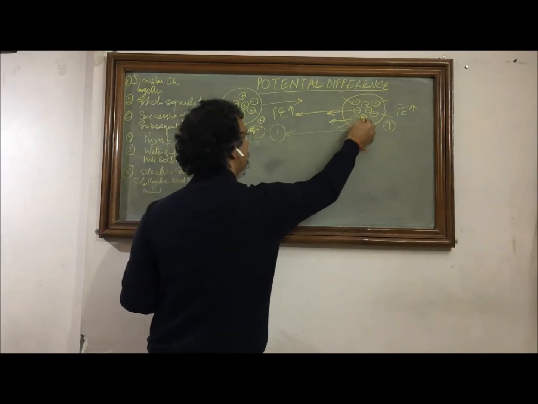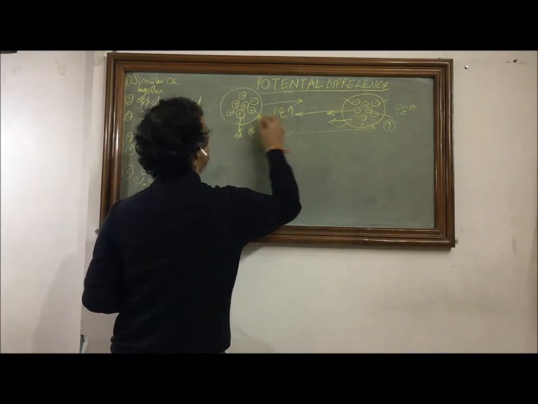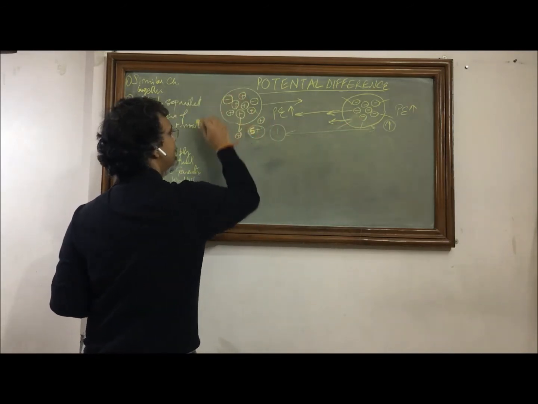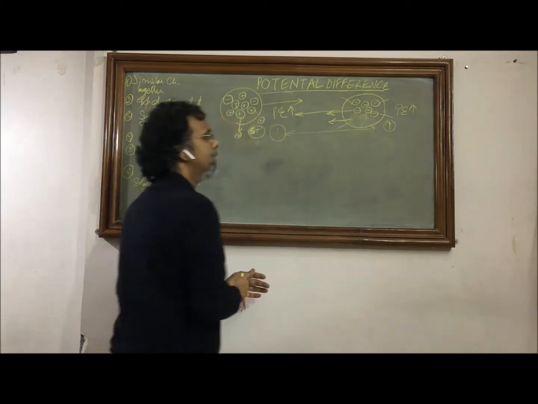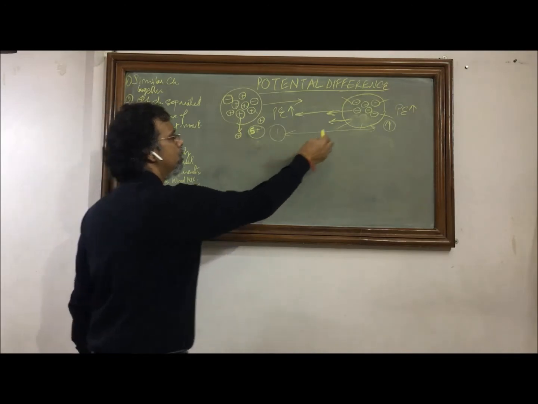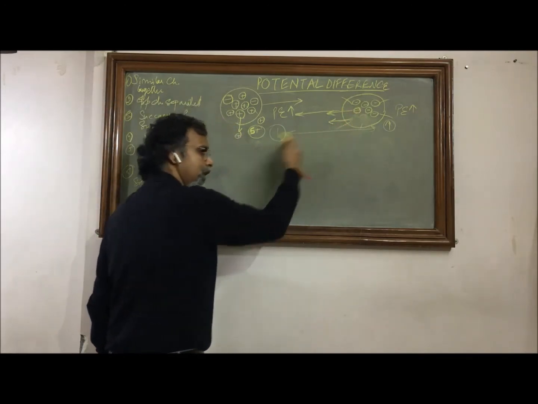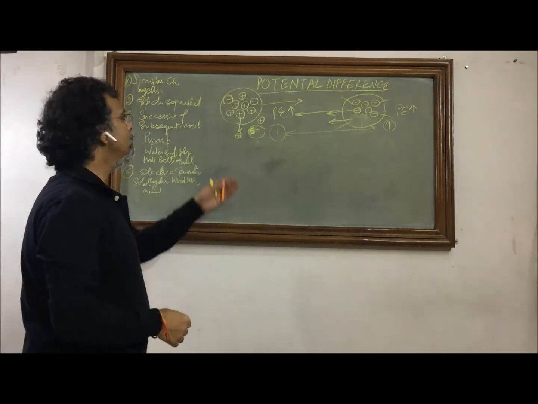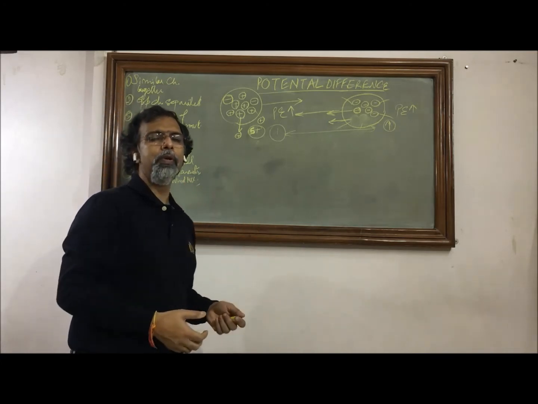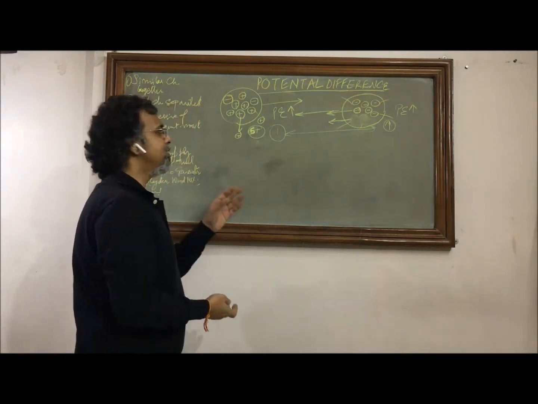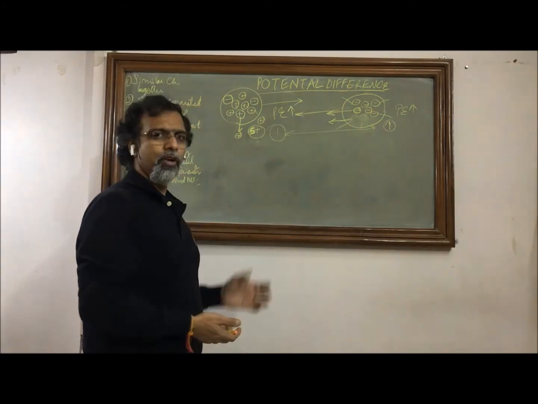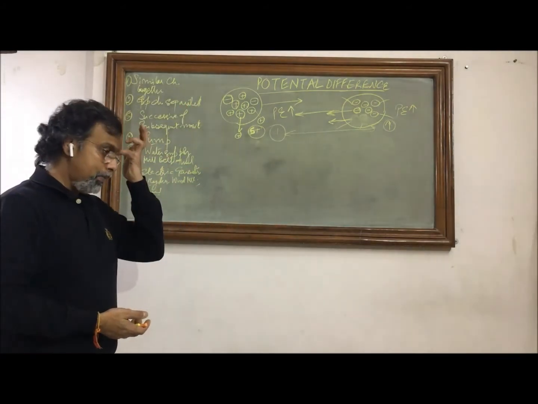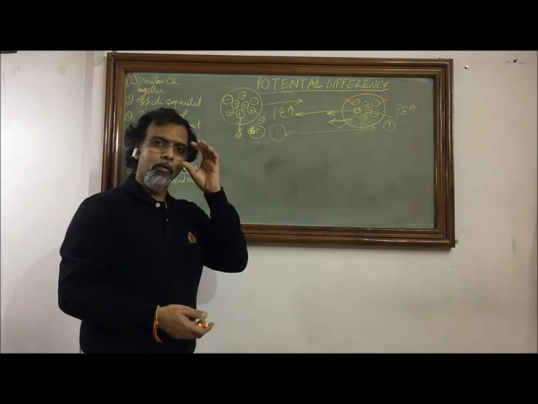Now when one more charge flows from here to here, we have one more negative here. Now we have one less negative here. And subsequently to the third one, we'll have even lesser tendency, because now the attraction force is becoming lesser and lesser. And the lesser the force, lesser will be the work done in movement of the charge, because force multiplied by the displacement gives you the work done.